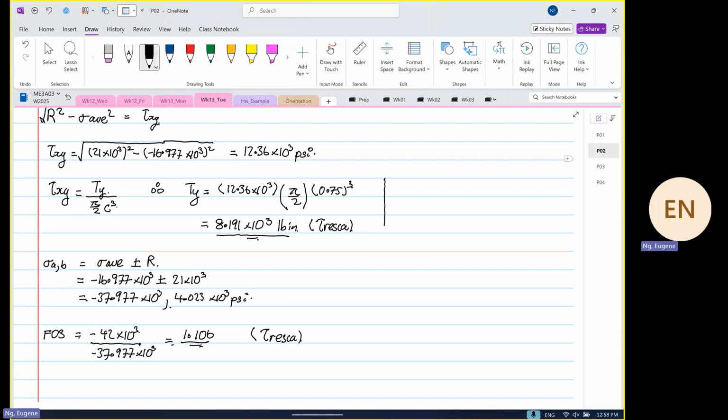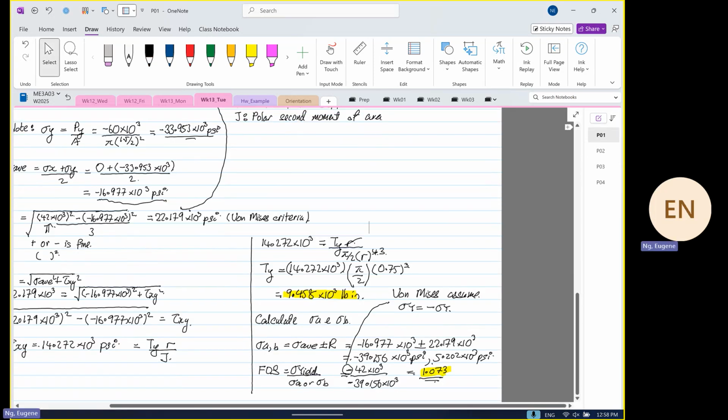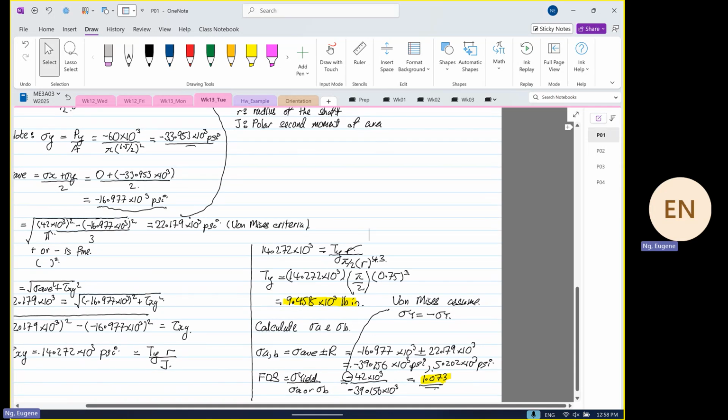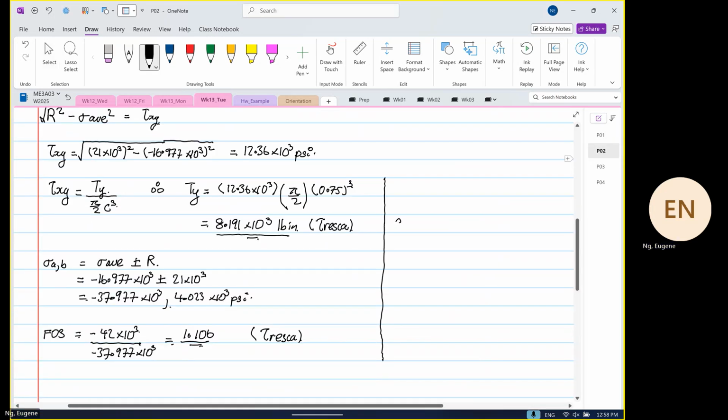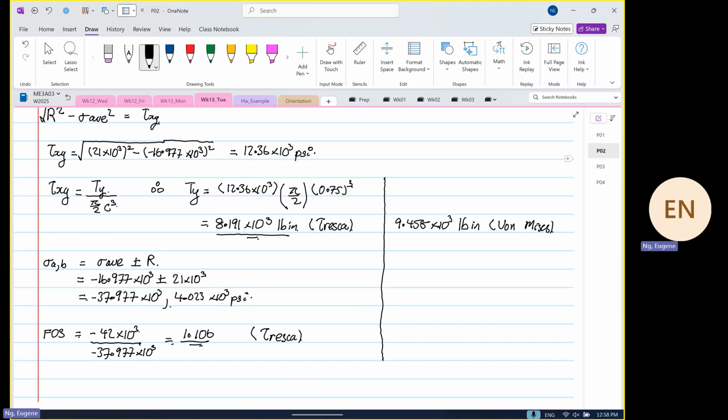And if we were to compare with von Mises, this will be equal to 9.458 times 10 to the power 3 pound-inch, and this is from von Mises. And then the factor of safety is 1.073.